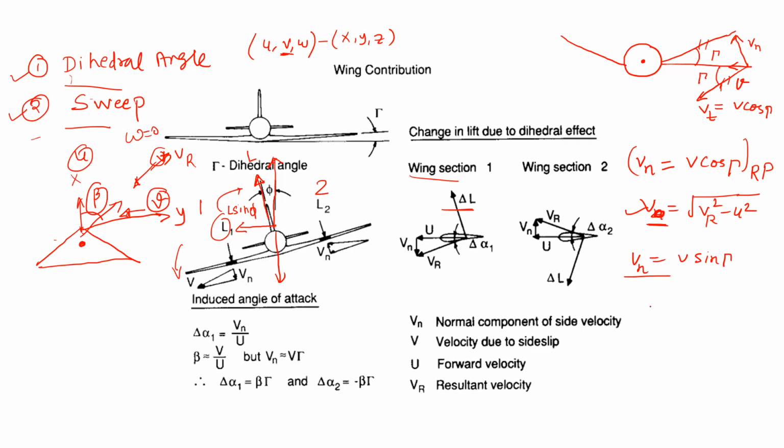Now, the change in angle of attack, delta alpha, can be defined as Vn divided by what? How do we define the angle of attack? If, let's say, relative velocity is coming like this, and this is u, this is how you define angle of attack.